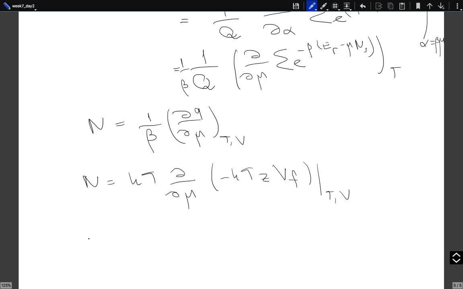So the number of particles is kT squared, if I didn't make some mistake in factors of beta, times V, since V is constant, and F depends only on the temperature, and I'm taking the derivative at constant V. The derivative of z, which is e to the power beta mu, with respect to mu.